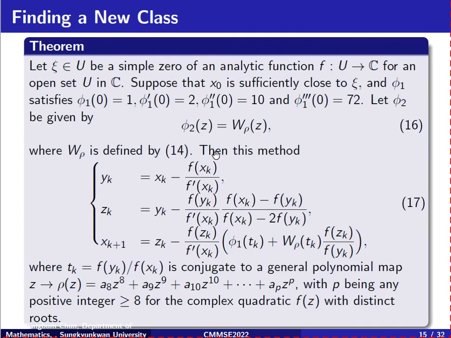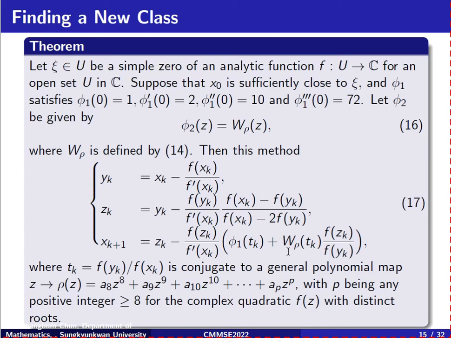Here is what we have found. Let alpha be a simple zero of a nonlinear function f, and suppose that x is sufficiently close to it, pi1 satisfies this condition, and pi2 is given by the function we have just defined.